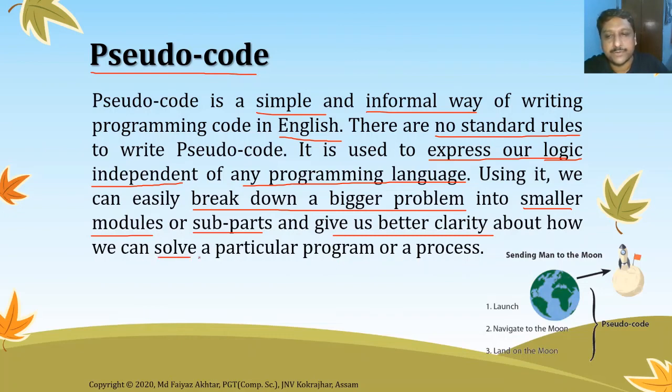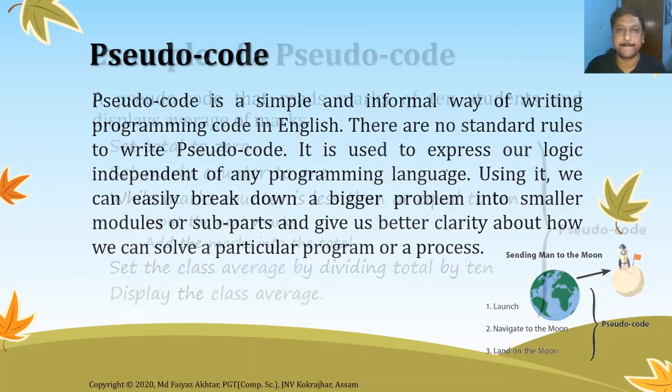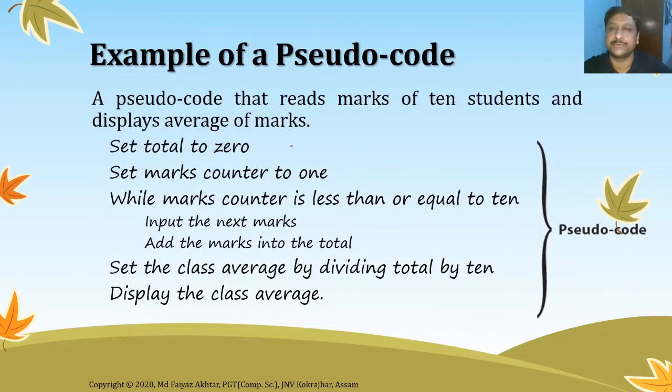This is pseudocode: a simple and informal way of writing programming code in English with no restrictions, no standard rules, just to express our logic independent of any programming language, and it helps in breaking down a bigger program into smaller modules. That's it.